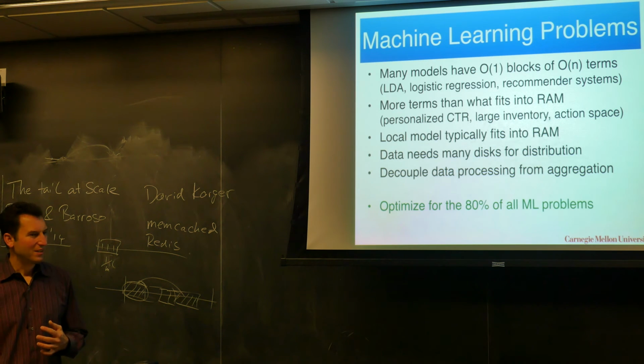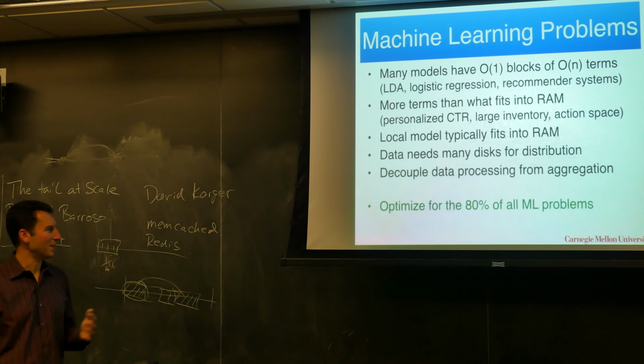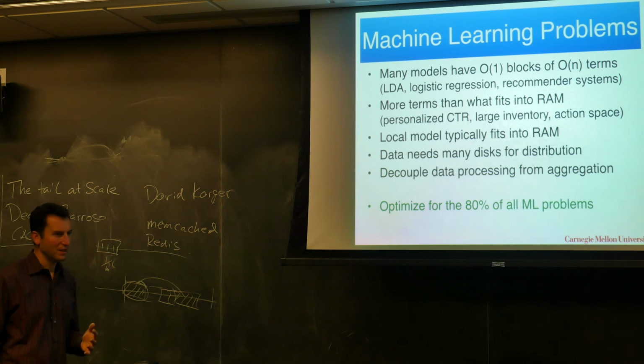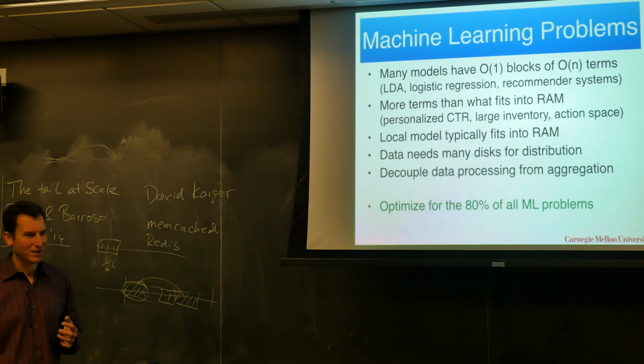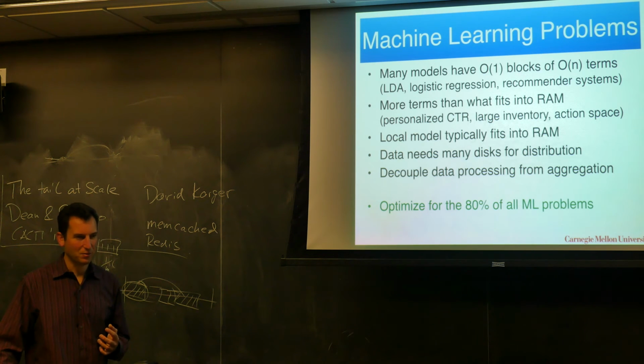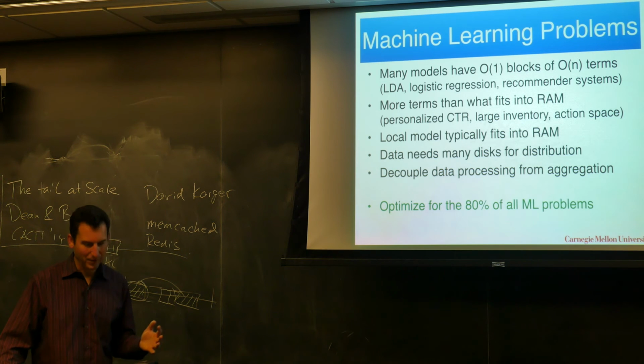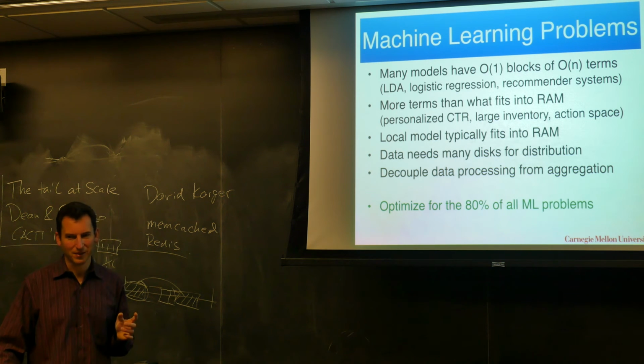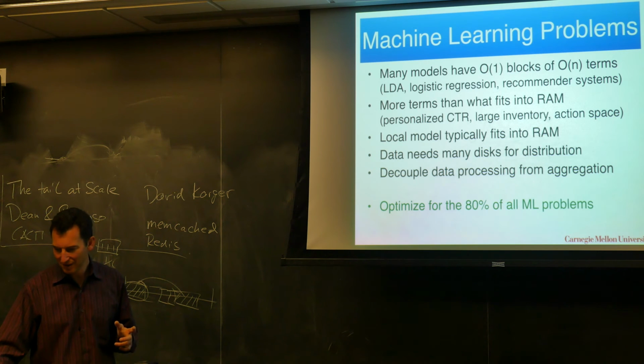And basically what we try to do is we try to optimize for about 80% of all machine learning problems. So it's not going to be terribly awesome if you have something like loopy belief propagation, or graph-based algorithms. You need to actually do a couple of other things for that. But for the rest, this actually works quite nicely.